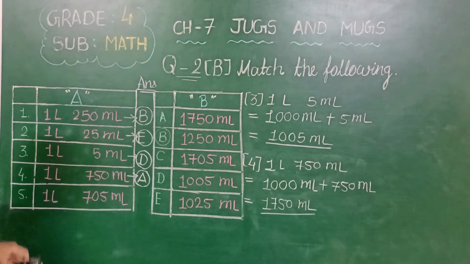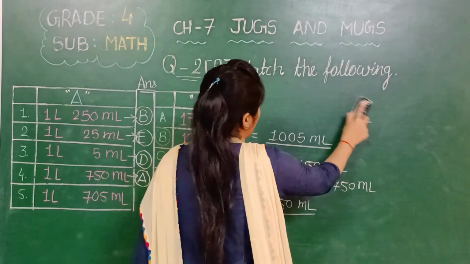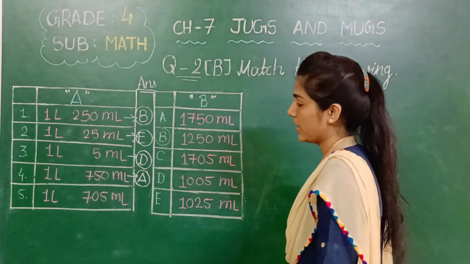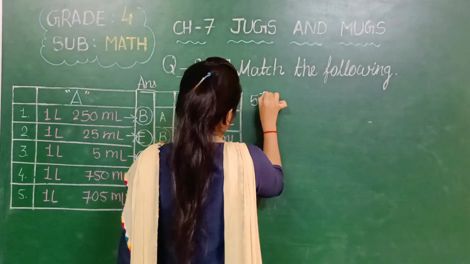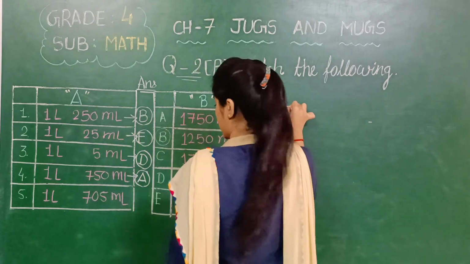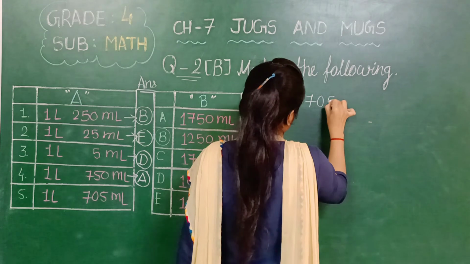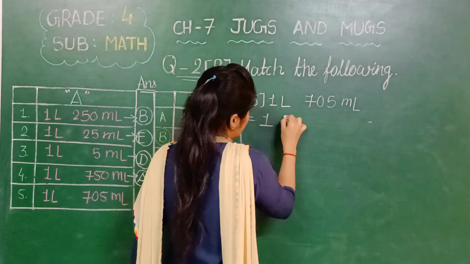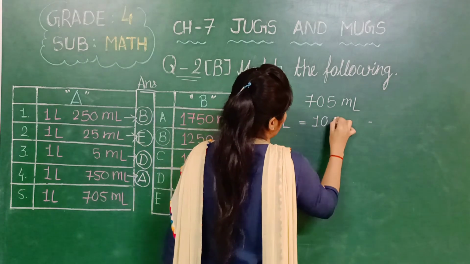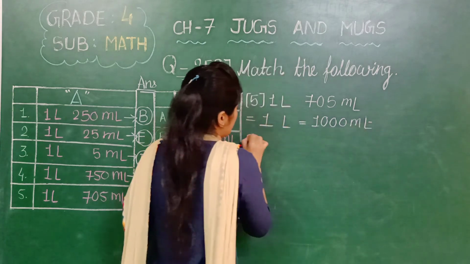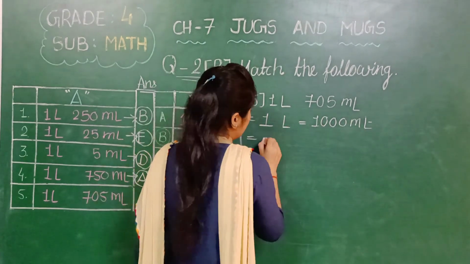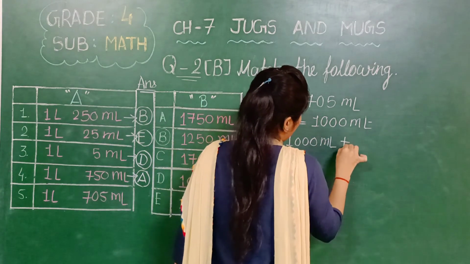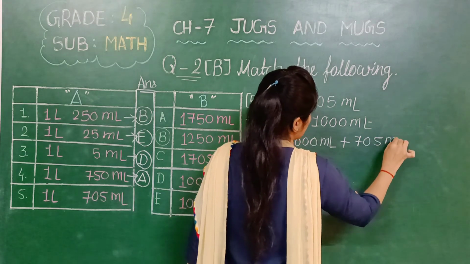Now the last number, which is number 5. The same method we have to apply. Our question is 1 liter and 705 milliliter. If you want to do the perfect method, you can write like this: 1 liter is equal to 1000 milliliter. So 1 multiplied by 1000 milliliter plus 705 milliliter.